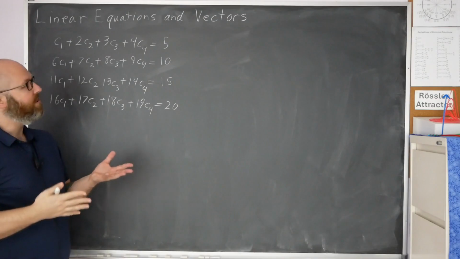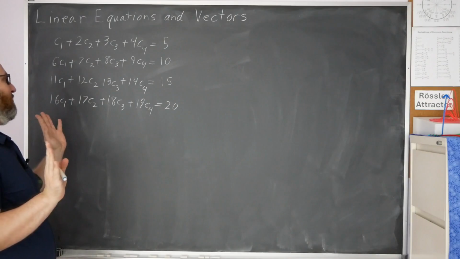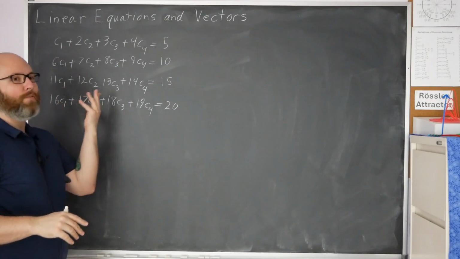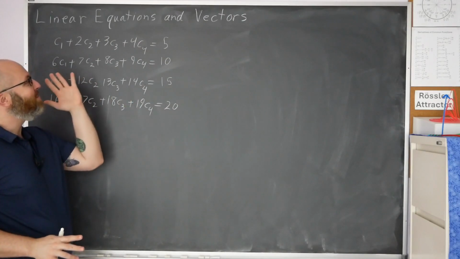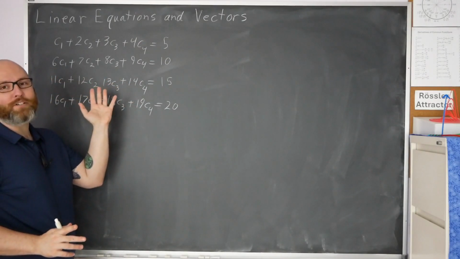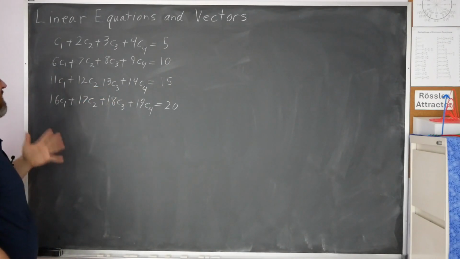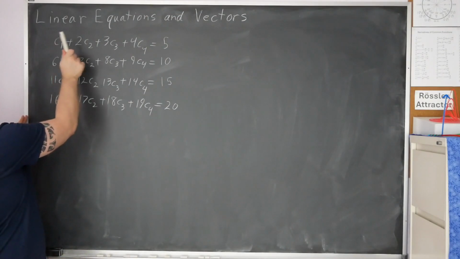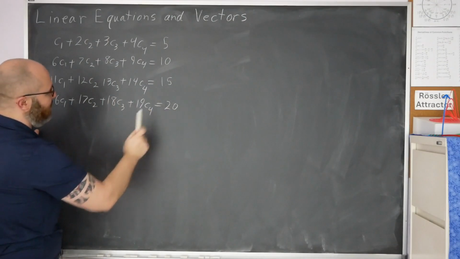If you're super duper amazing and you can visualize 4-dimensional space, that's great. For the rest of us, we can't rely on that, but we can rely on intuition from 2-dimensional and 3-dimensional space, okay? I got a little lazy with this one, so the coefficients just go 1, 2, 3, 4, 5, 6, 7, 8, 9, 10, up to 20.